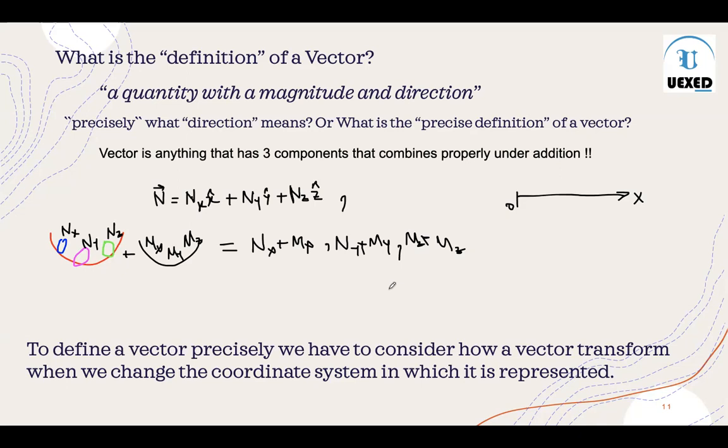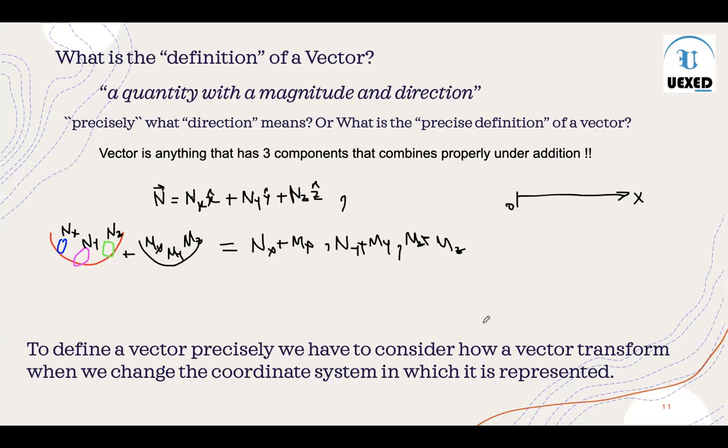Whenever we define something in space coordinates, then only do we define a vector. If something moves in the x direction, it is a vectorial quantity. If it is in the y direction, or on a plane, we define it in a two-dimensional coordinate system. So once we talk about direction, that means it is a transformation of the coordinate system.